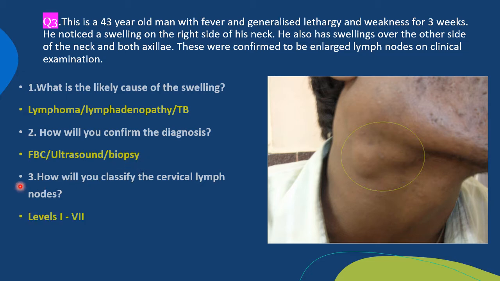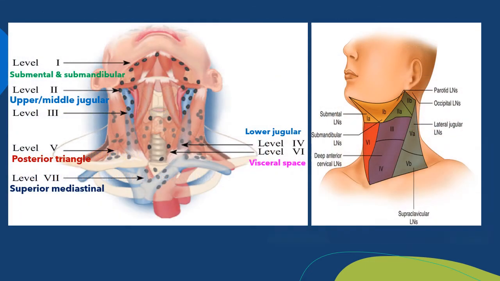Question number 3. How will you classify the cervical lymph nodes? Levels 1 to 7, as shown in the next slide. Okay, level 1, the submental and submandibular lymph nodes. Level 2 is the upper jugular lymph nodes. Level 3 is the middle jugular lymph nodes.